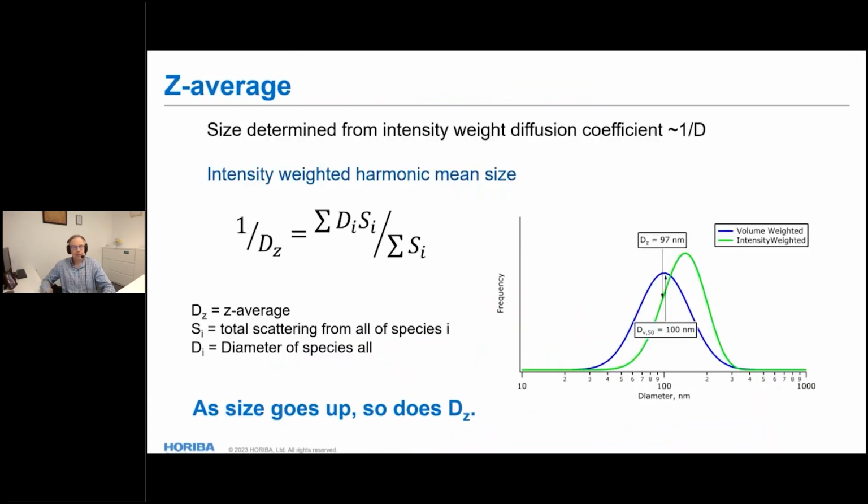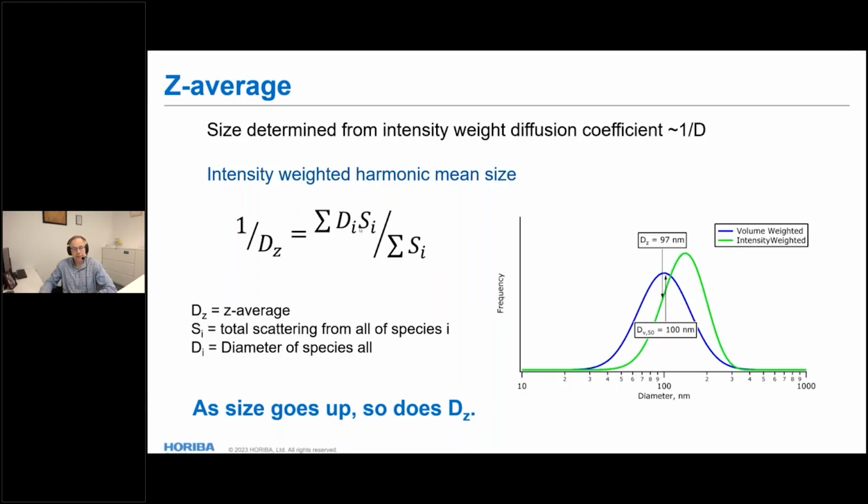So question, what do we mean by Z average? Well, you work through some math, and the Z average comes out to be the intensity-weighted harmonic mean size. And the harmonic mean really means I have 1 over the mean is sum of 1 over each size in the sample.